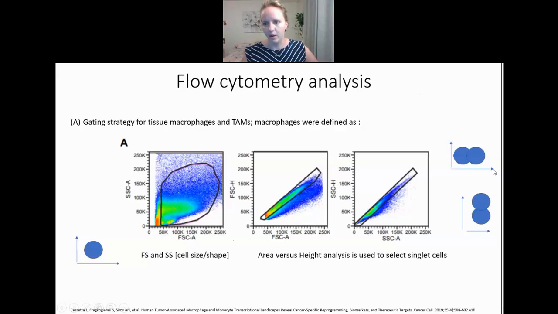If the area is larger than the height, it's because you've got doublets. So you only want this 1-to-1 ratio. And then same again, you can use side scatter height versus area. Again, if you've got a larger height than you have area, you've got doublets, but it's in a different conformation.